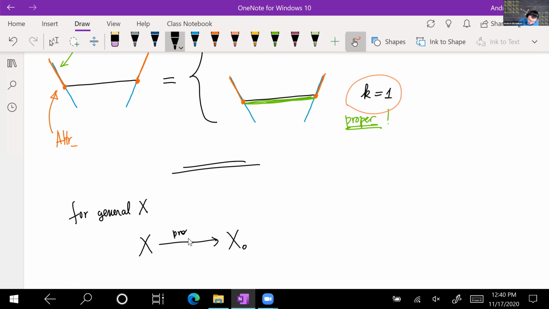This is proper. And then X naught by hypothesis is embedded, also proper. It's just an embedding, proper, to a vector space.